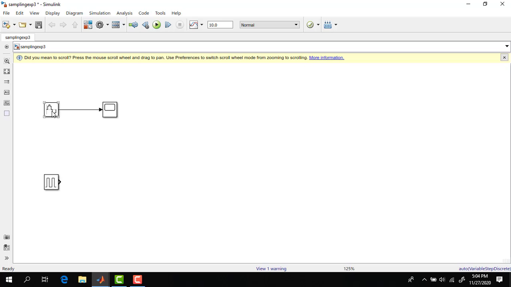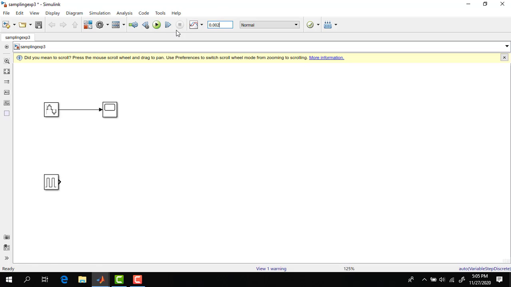One thing, our frequency is 500 Hertz. So if you consider the time period, it is 1 by 500. So you need to adjust the timing of the scope accordingly, right? Without adjusting the timing of the scope, you will not get the proper visualization of your signal. So for my case, my time period is 0.002 seconds. So if I want one period, I will set the time to 0.002.